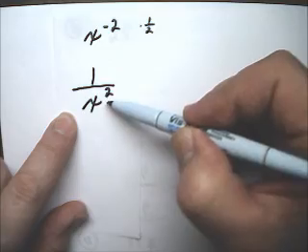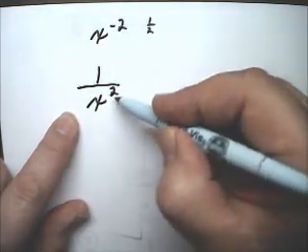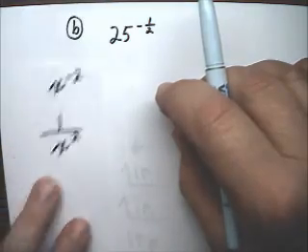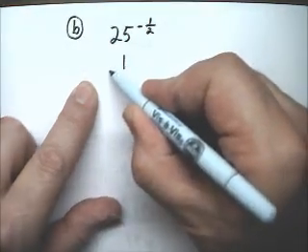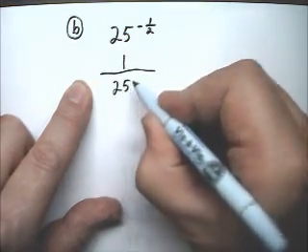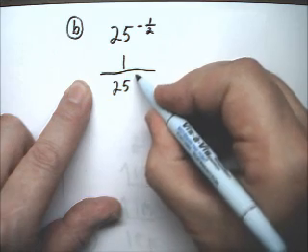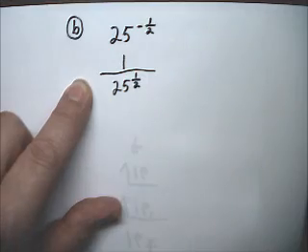A 1 goes on the top, and then the expression goes in the bottom, and the exponent just changes from negative to positive. So this becomes 1 on top, 25 on the bottom, and the exponent just changes from a negative 1/2 to a positive 1/2.